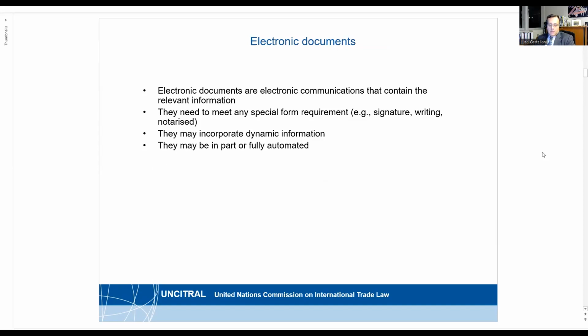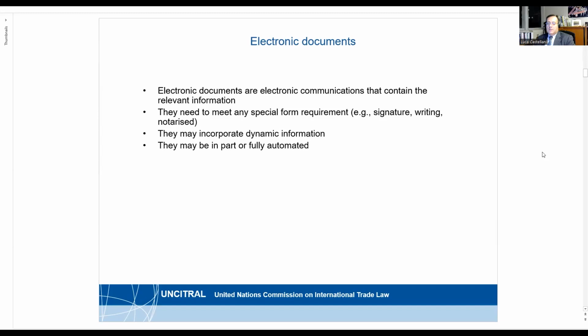What about electronic documents? Electronic documents is a notion that typically does not appear in UNCITRAL texts, but it is there. How? It is there because electronic communications that contain the required information, they constitute commercial documents in electronic form.